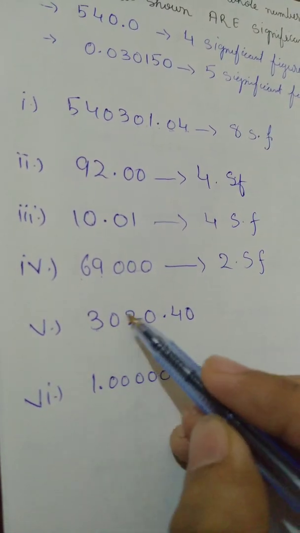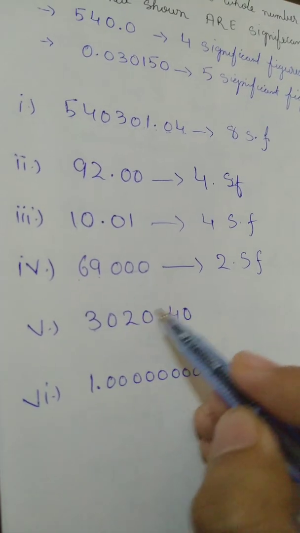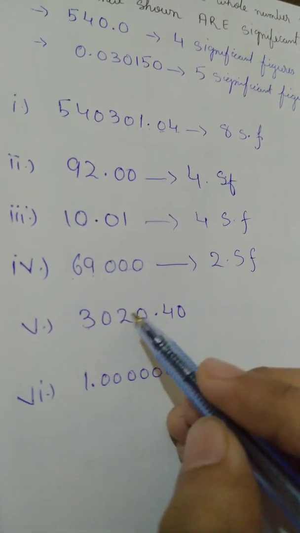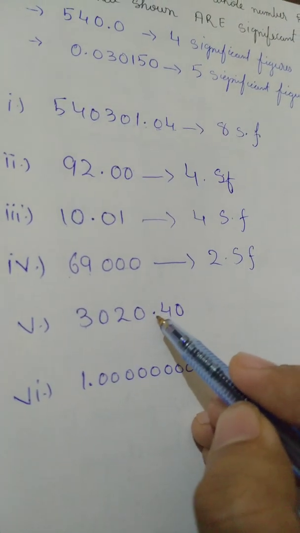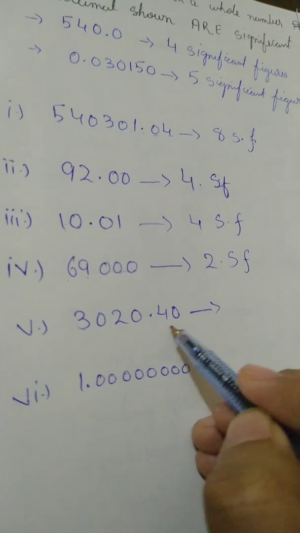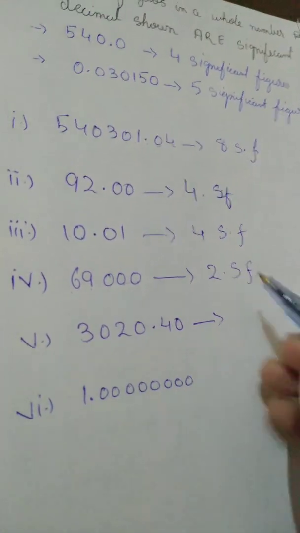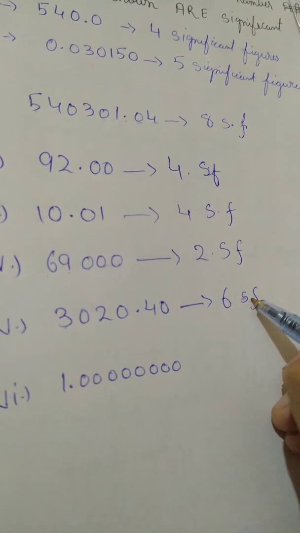This 0 is between two non-zeros, significant. This 0 is between two non-zeros, significant. So 1, 2, 3, 4, 5. We have 5 confirmed. Now this last 0 is at the right of the decimal point, and it is also trailing, so this will be considered significant. 1, 2, 3, 4, 5, 6. I have 6 significant figures here.